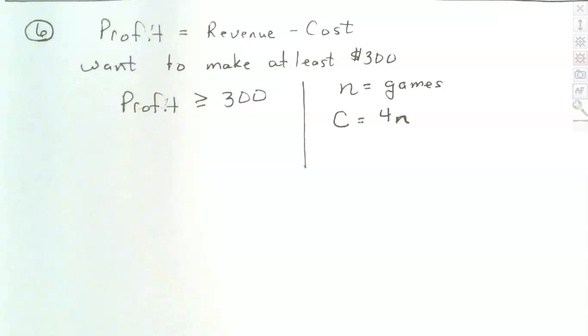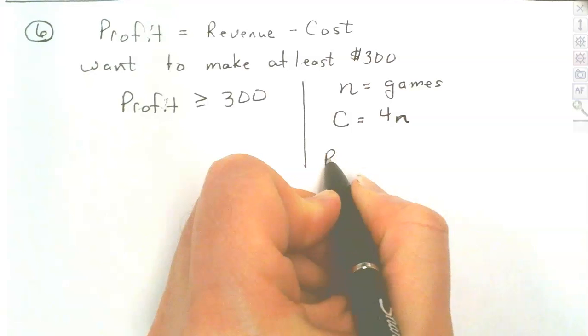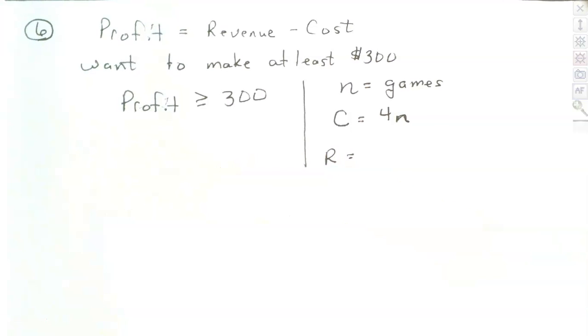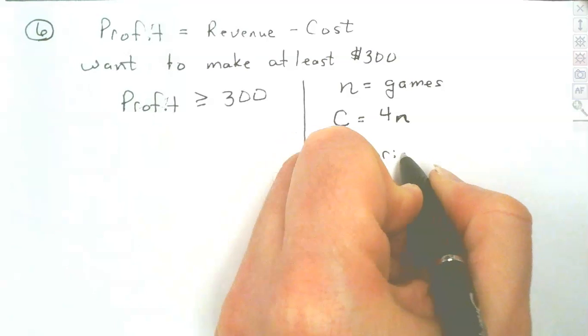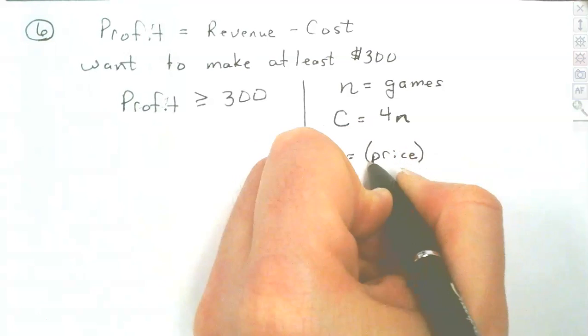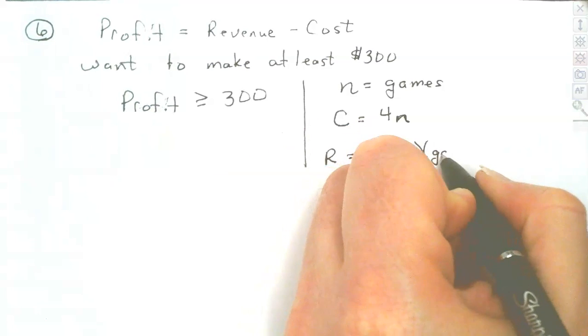The revenue is a little bit more complicated. How do I look at the revenue? Well, the revenue is going to be the price that I sell them for times the number of games that I sold.